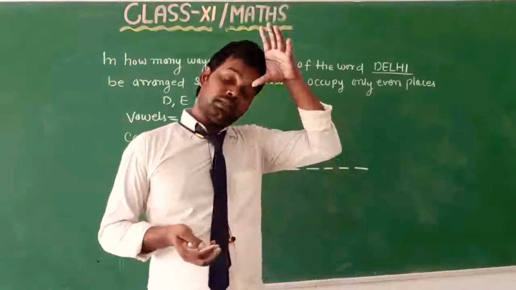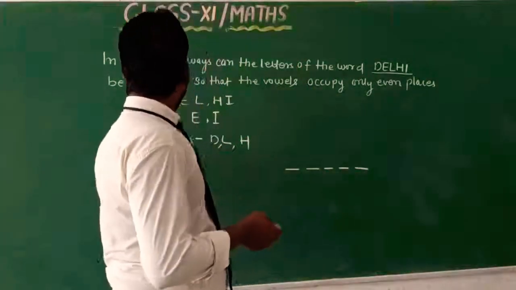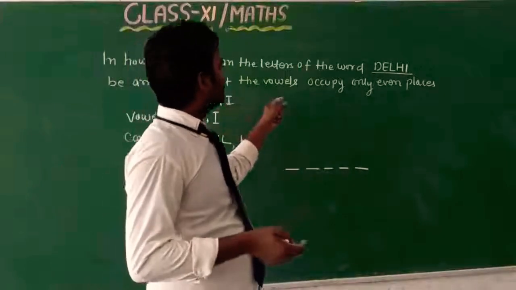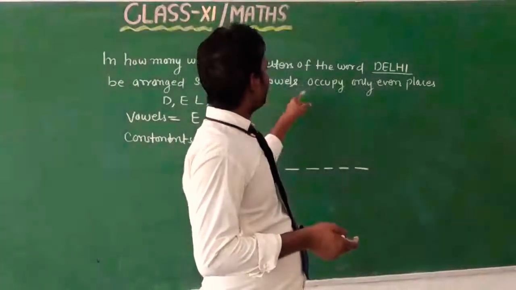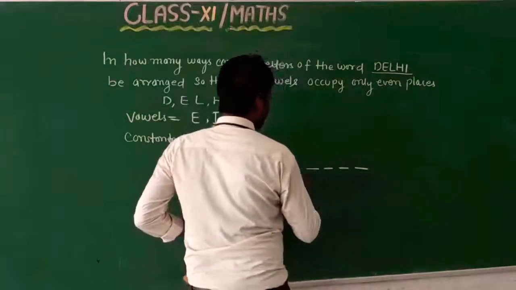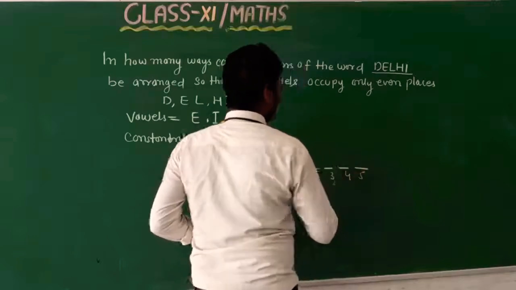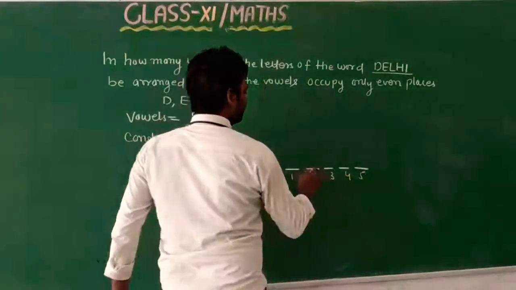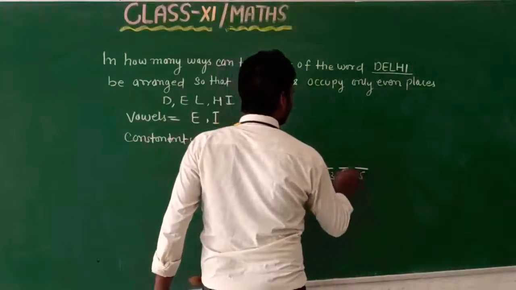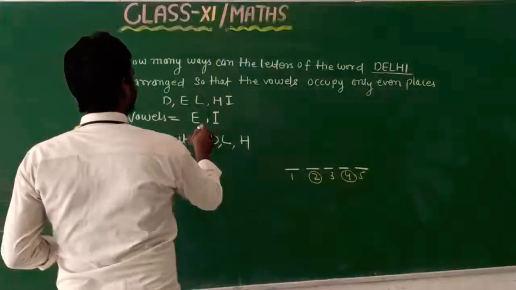Okay, but here we have to say vowels occupy only even places. So here we have 1 2 3 4 5. So we have 2 even places, 2 and 4, and also we have 2 vowels.